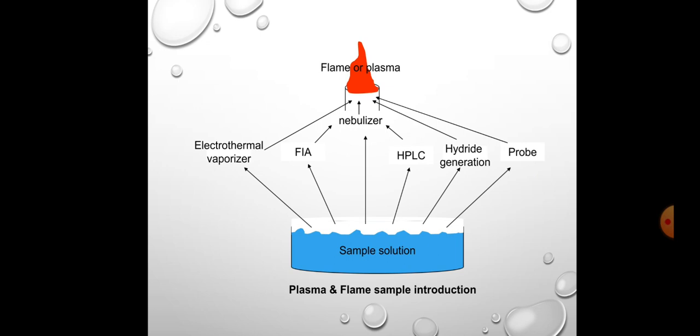Here you see that there are different methods for introducing a sample solution into flame or plasma. The most commonly used method is using a nebulizer, but there are other methods also, like electrothermal vaporization, flow injection analysis, HPLC, hydrogenation, and probe.